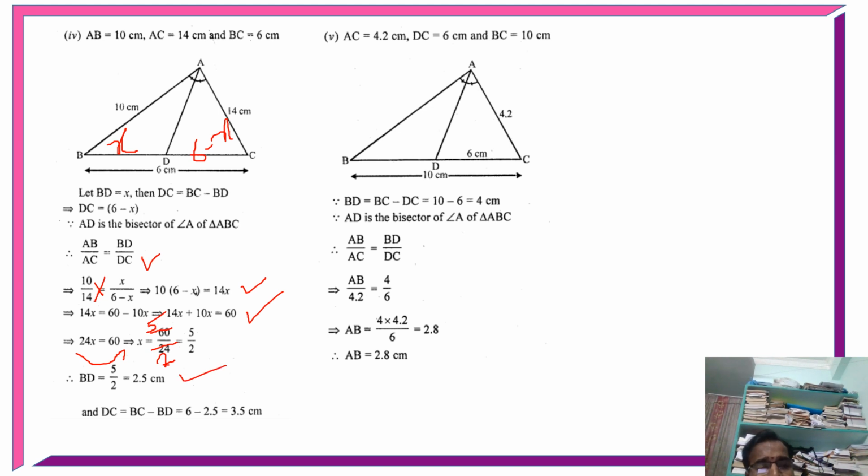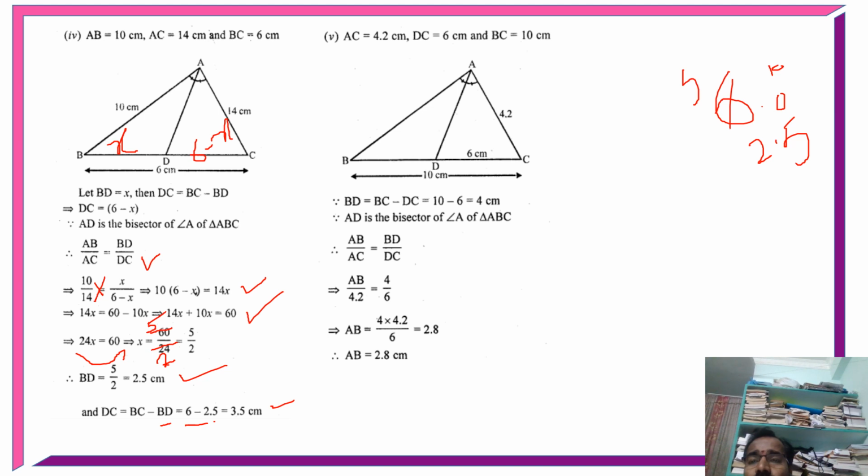In decimal, 2.5. But actually we require the DC value. DC is BC minus BD. We know BD is 2.5, the X value. 6 minus 2.5 is 3.5. Do the borrow, we get 10 over here, and it will become 5.